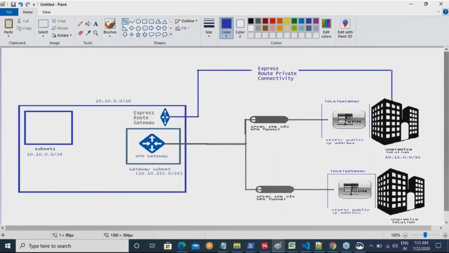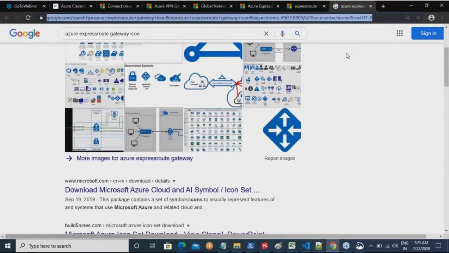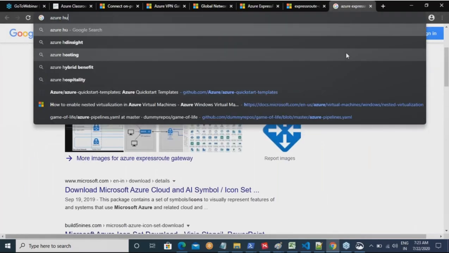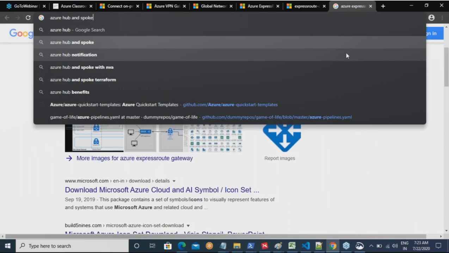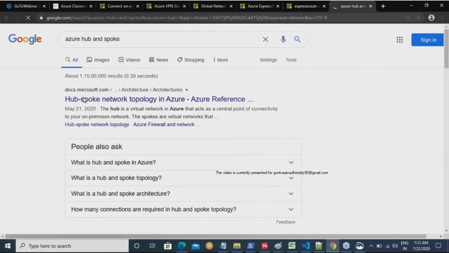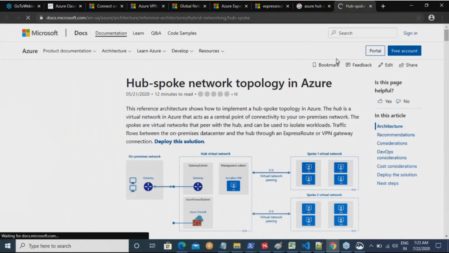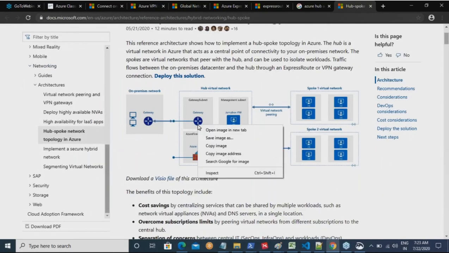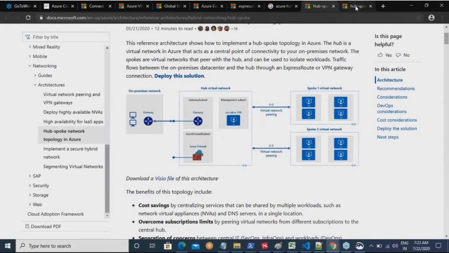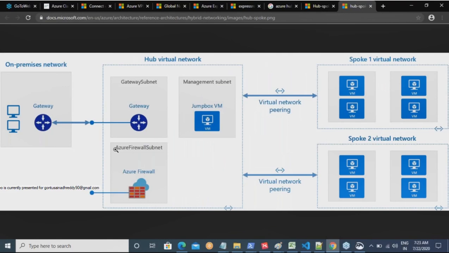There is one very interesting architecture in networking. So that is going to be our last topic of the day, Azure Hub and Spoke. So generally, whenever you want to connect to multiple networks, this is what your organizations do. Am I clear on this?